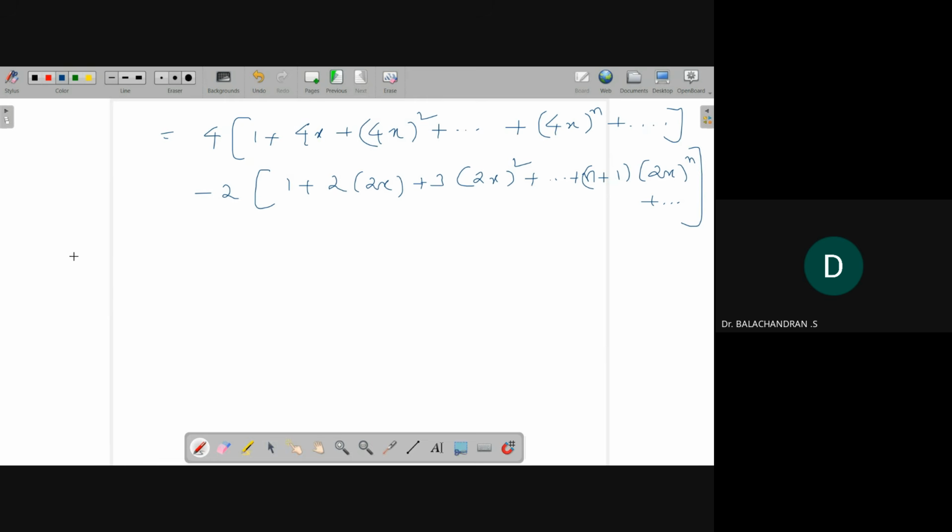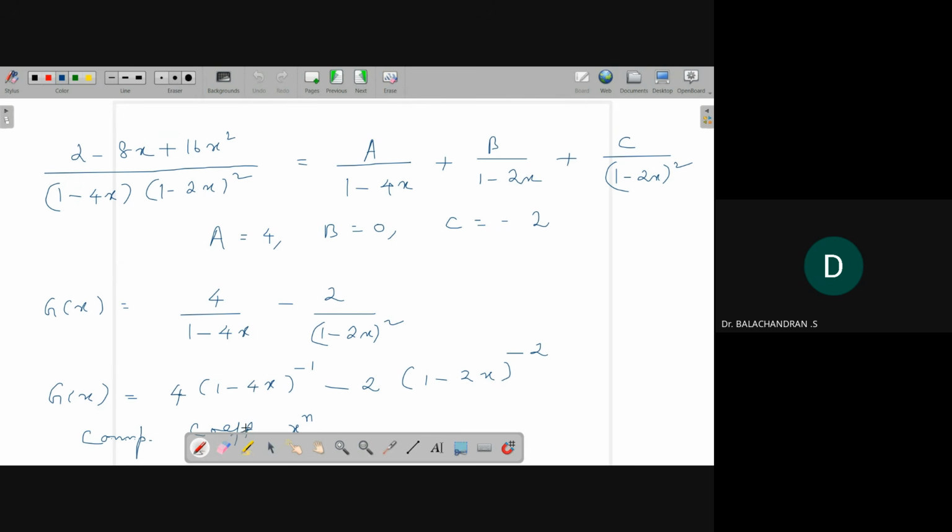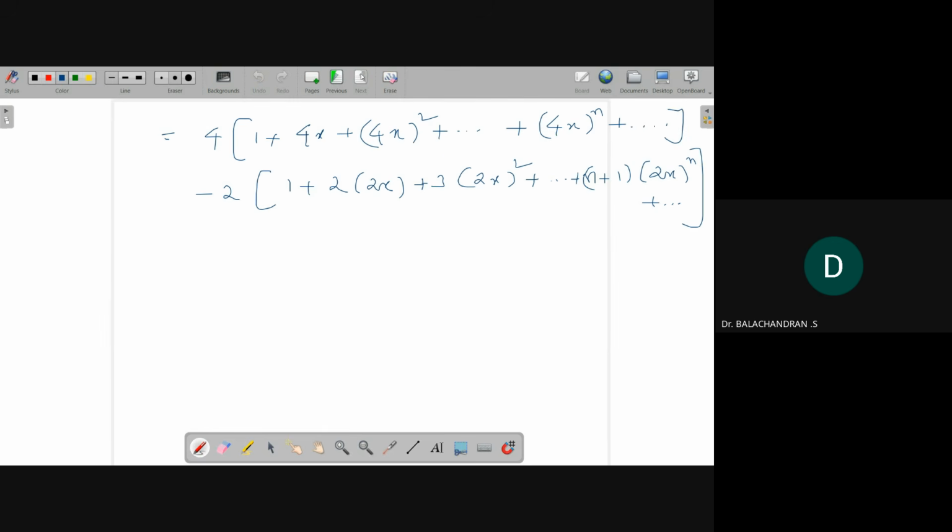Okay, now you can write, compare the coefficient of x power n on both sides. So what is the coefficient of x power n? The left hand side, a n. Now what is the coefficient of x power n here? 4 power n.